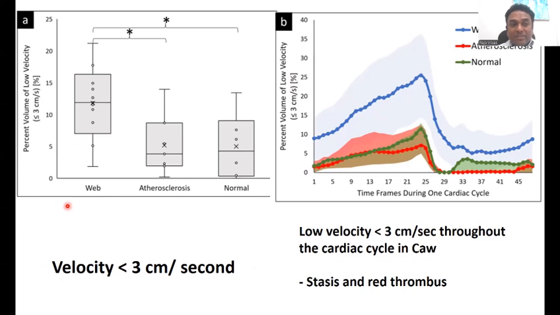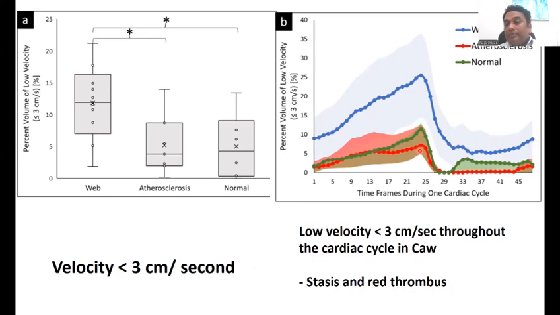The percent of volume which has a velocity less than 3 centimeters per second is the key factor. Less than 3 centimeters per second promotes stasis as well as thrombi formation. So in web, there's a large percent which is less than 3 centimeters per second as compared to atherosclerosis and normal patients. This curve looks at how long during the cardiac cycle you have a volume that is less than 3 centimeters per second. In carotid web, throughout the cycle, there is a percent volume which is less than 3 centimeters per second.